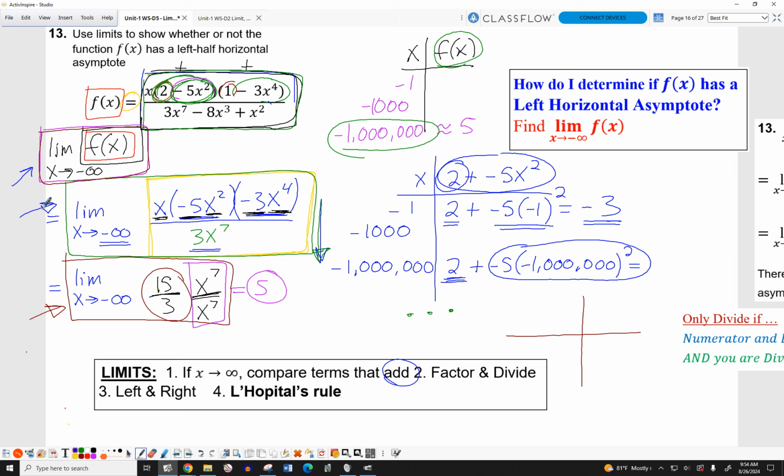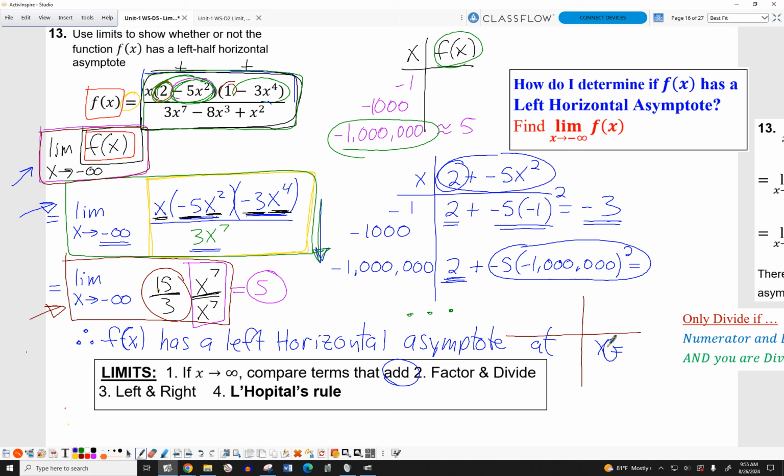You should say, therefore, f of x has a left horizontal asymptote at an x coordinate of, oh no, my bad, sorry, y coordinate, don't mess that up.